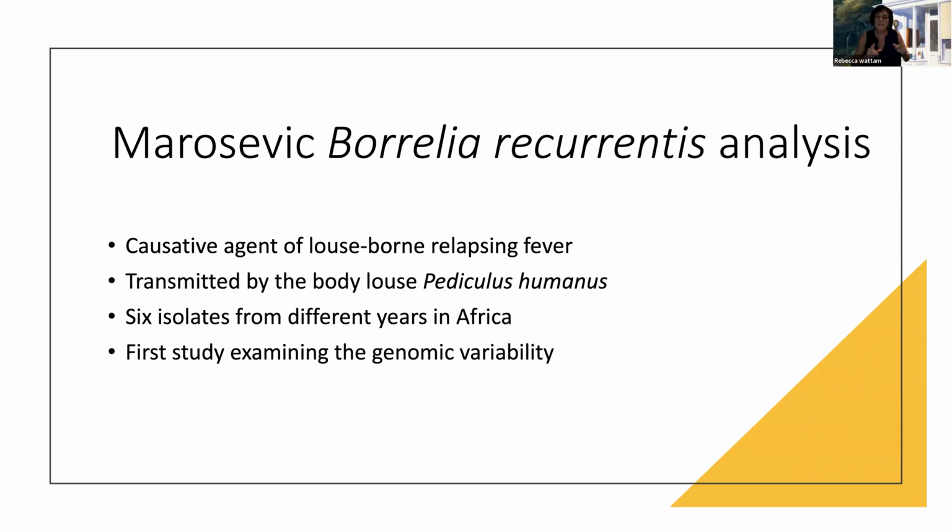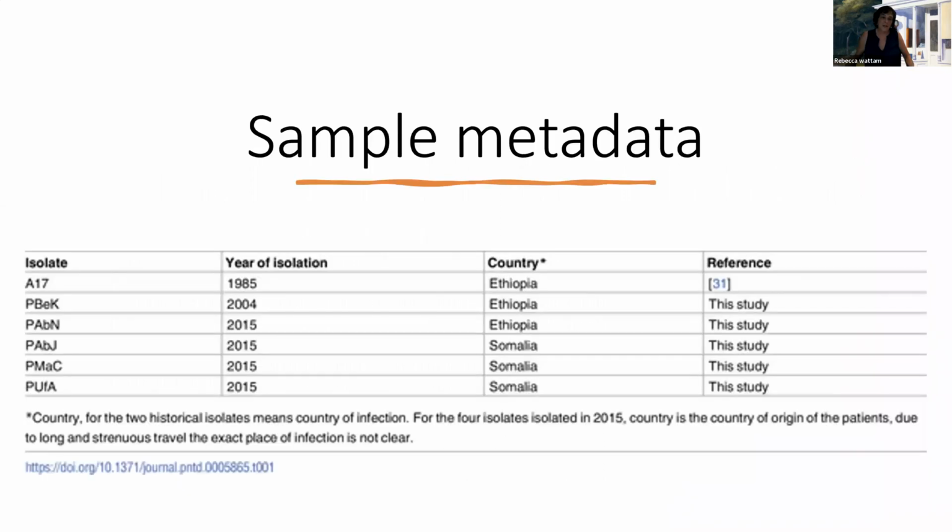And this was the first study studying the genomic variability of this particular pathogen, of which still there's only one genome in the public resources. So they provided us with the sample metadata of their different samples and the years that they were isolated, and you can see they were in Ethiopia and Somalia.